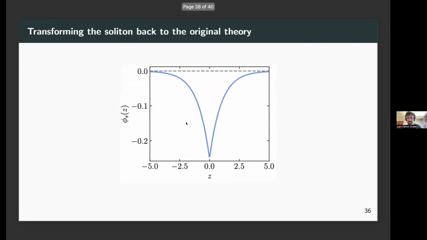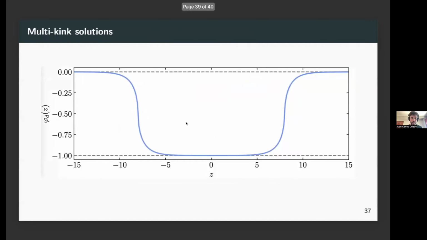If you try to transform this back into the original theory, you get something like this with a cusp, and that evolves in time, right? That will tend to dissipate to the sides.